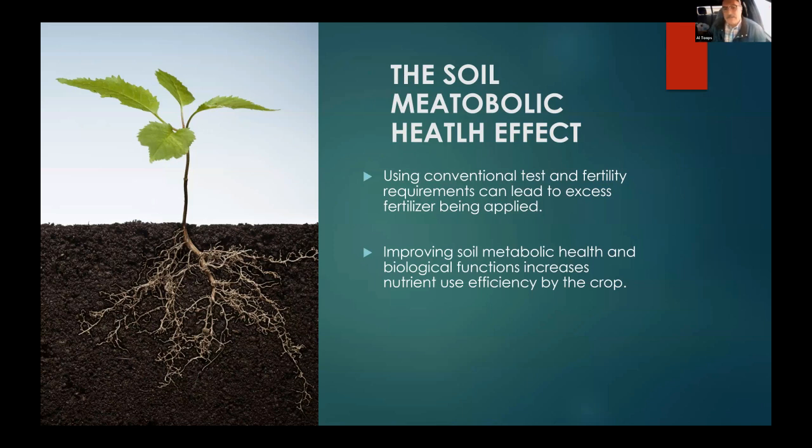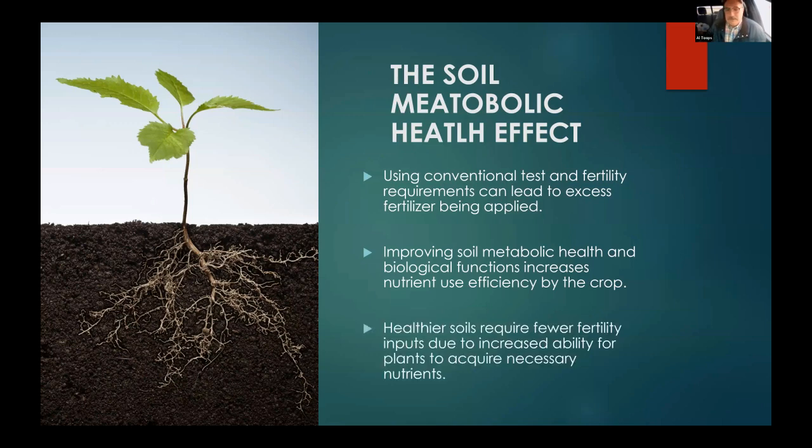And when we do that, we can find an efficiency score, which I'll show you more of here in just a minute. And healthier soils require fewer fertility inputs. So when you see these high yields, they're usually in soils that are really functioning well. And in a soil that's functioning well, you can get a more efficient use of the fertility.